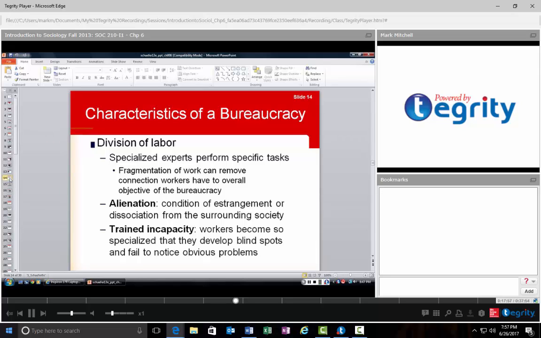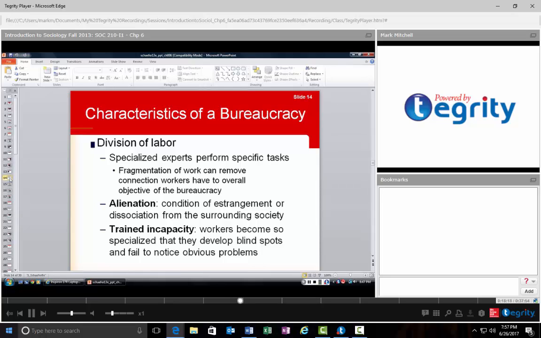All right, now it's not all a happy story. We've got some problems popping up. Alienation is one, and when you talk about labor, it should not be doing things of that nature, but sometimes it does. Now, Karl Marx would come in and say, well, I told you so.